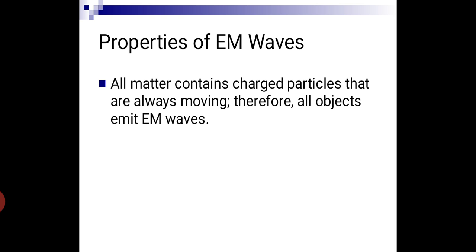Now properties. All matter contains charged particles in the form of electrons or protons that are always moving. Charged particles are not at rest. These are all moving in their orbits. Therefore, all objects can emit electromagnetic waves.